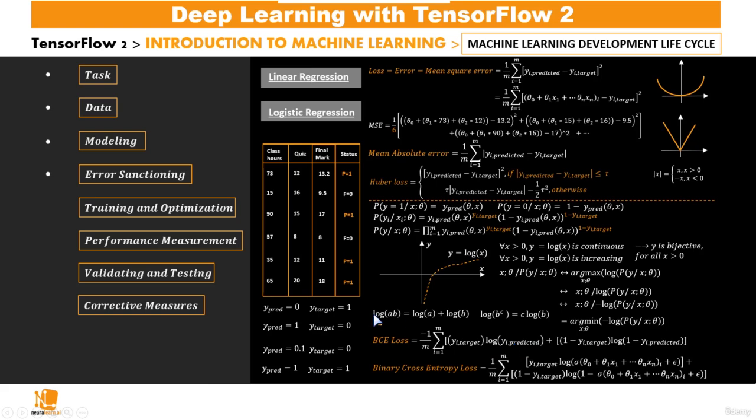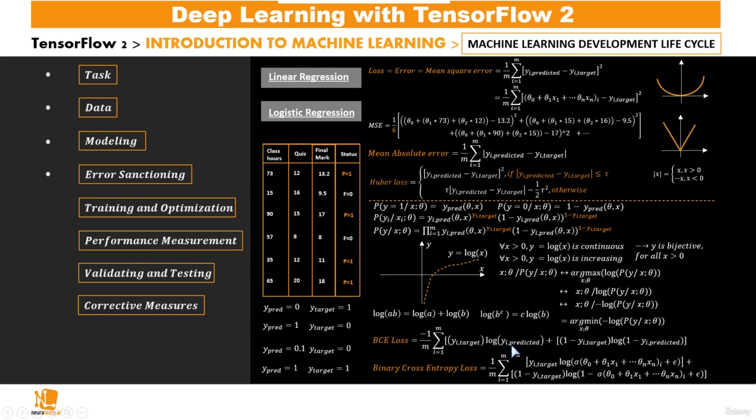Now our y predicted is 0, so we have 1 times log 0. Log 0 doesn't actually exist, so we can only work with limits. Looking at this curve, as x tends towards 0, the y function tends towards negative infinity.